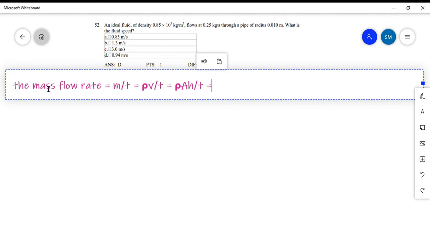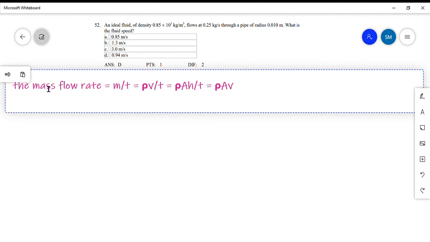And as we mentioned in the volume flow rate, the height, which is a normal distance, over the time is the speed or the velocity. We can remove h over t and say v instead of this.